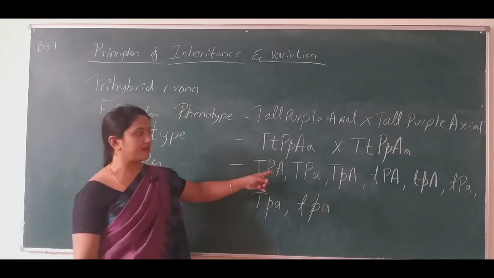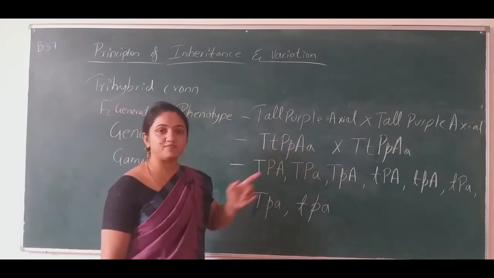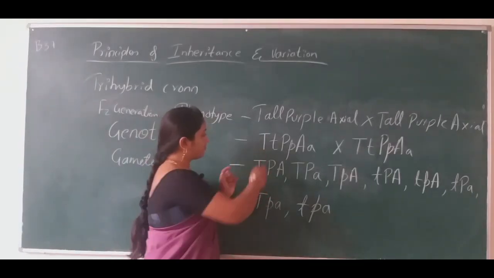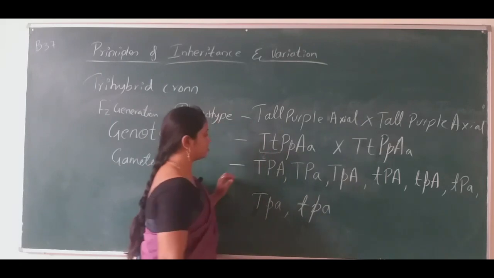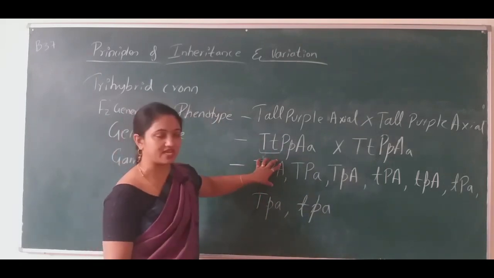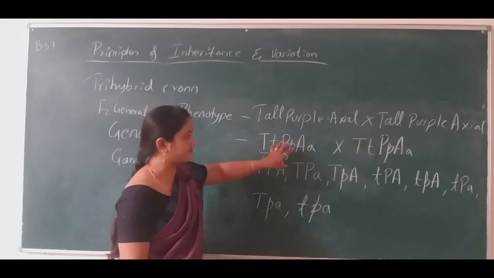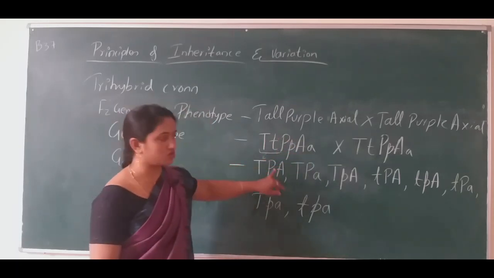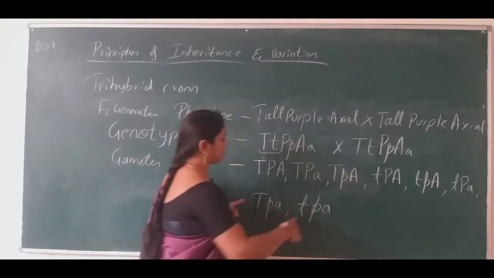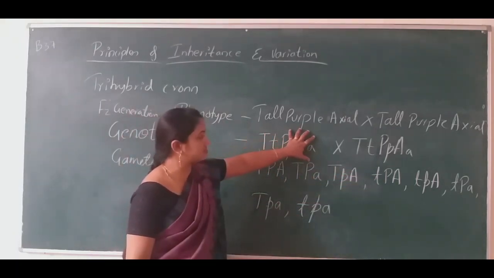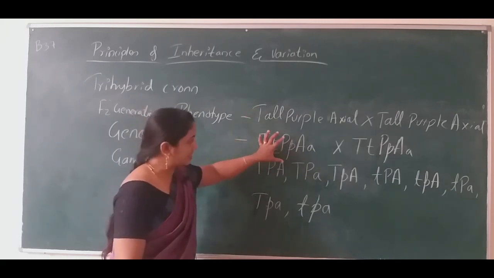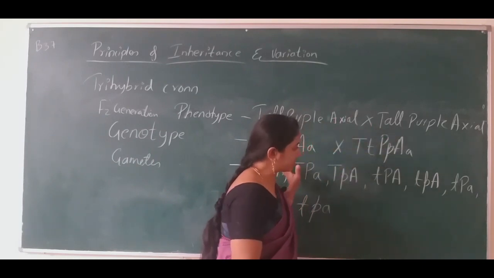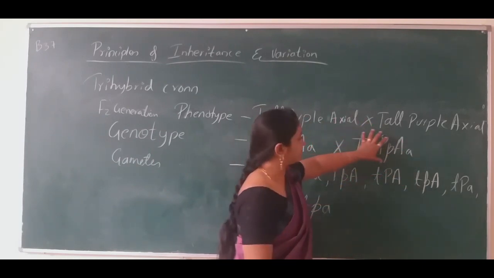See, it produces 8 types of gametes. Out of these two, only one gene is carried in one gamete. Out of these two, only one gene is carried in one gamete. Out of these two, one gene. So all these gametes are produced from this parent. Like that, respectively, you have to write the same type of gametes from this parent.